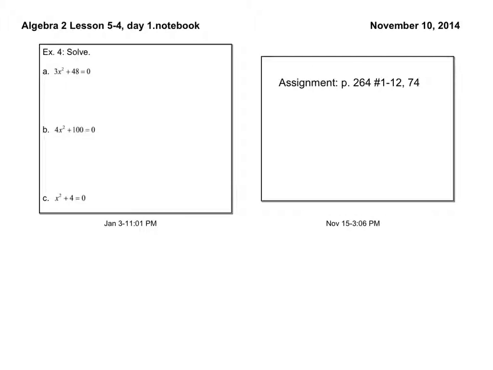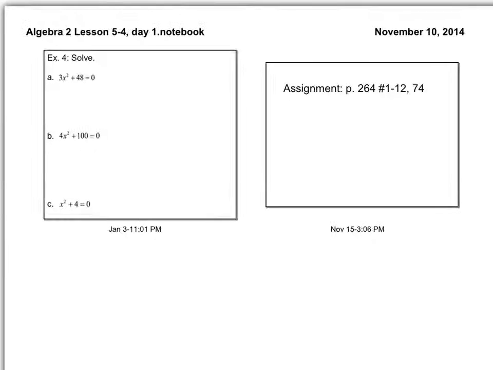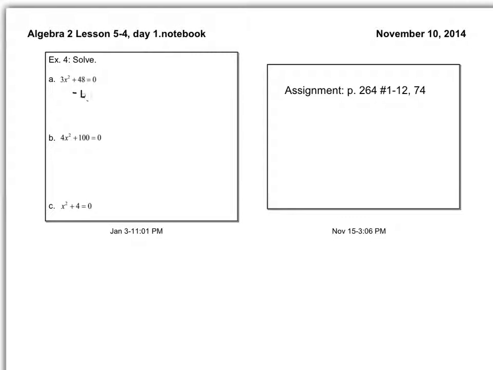For our last slide, we have to solve, and we're going to solve using imaginary numbers as well. So we're going to start with A. In order for us to solve for x, the very first thing we're going to do is subtract 48 on both sides. So we end up with 3x squared equals -48. The next thing we're going to do is divide both sides by 3.